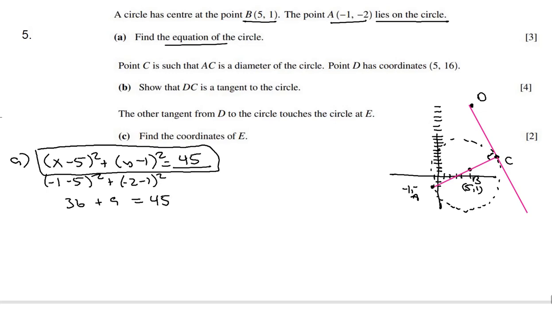It's negative 1, negative 2. So I guess the first thing is to figure out what point C is. So use these pieces of information, A and B, and figure out what point C is. And then figure out what the slope of AC is, and figure out the slope of CD, or what it should be.